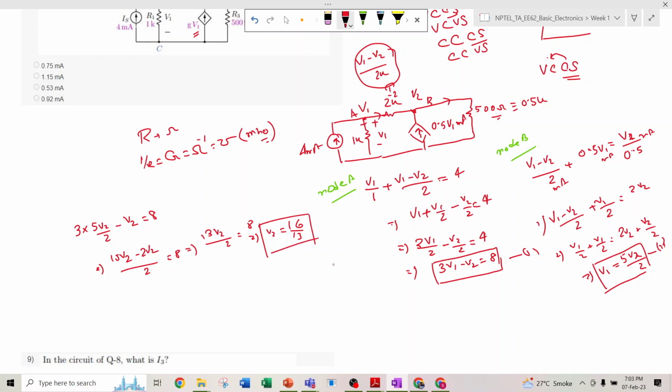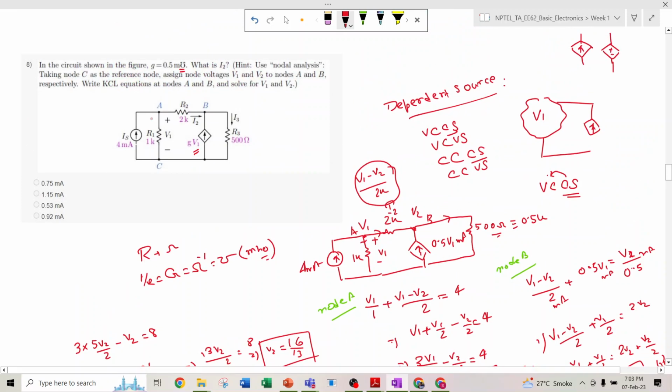Similarly for V1, V1 is nothing but 5 by 2 into V2. So the 2 and 16 cut out, it will be 5 into 8, 40 divided by 13. So this is the value of V1.